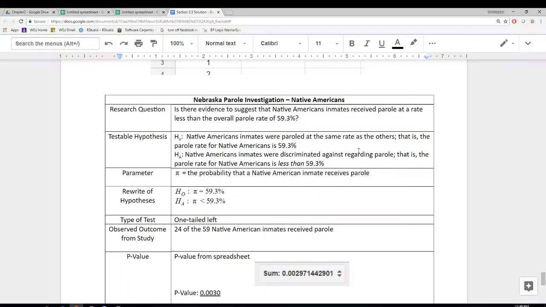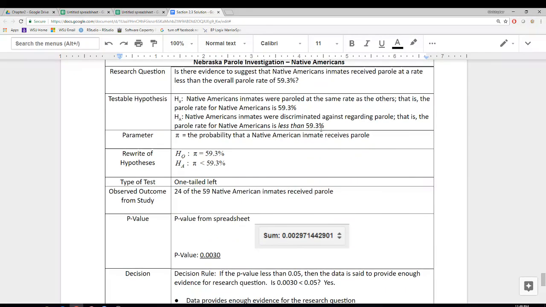The research question is stated as follows. Is there evidence to suggest that Native American inmates received parole at a rate less than the overall parole rate of 59.3%? What I'm doing here is comparing the Native American inmate parole rate to the overall rate of 59.3%.